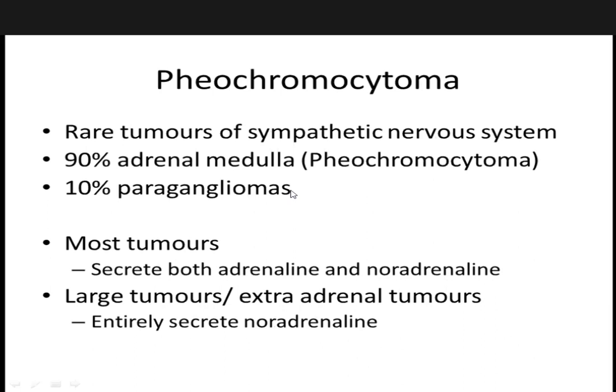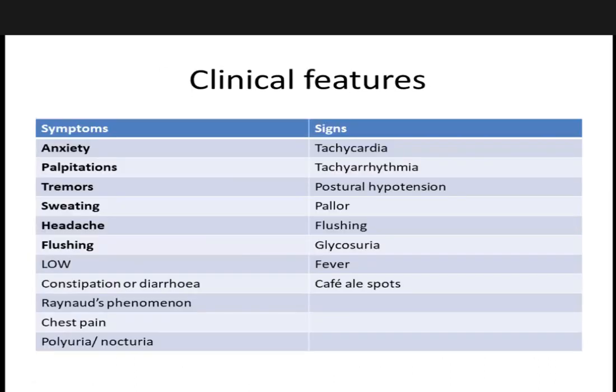Sympathetic nervous system tumors. Most tumors will secrete both adrenaline and noradrenaline, right? But large tumors and extra-adrenal tumors, that is paragangliomas, will entirely secrete noradrenaline. So these are the clinical features of pheochromocytoma.